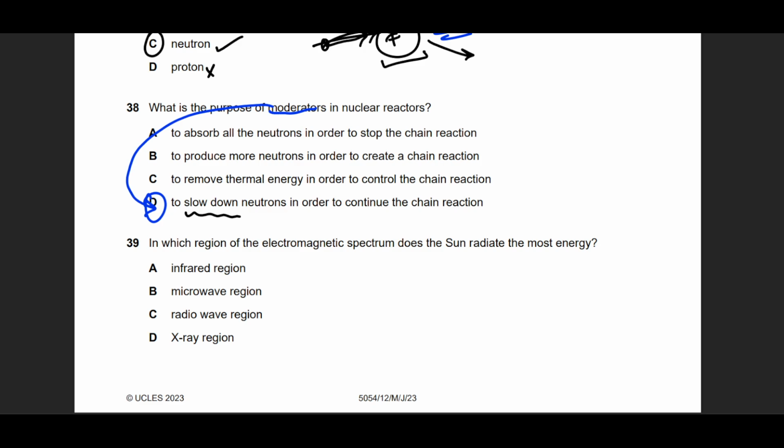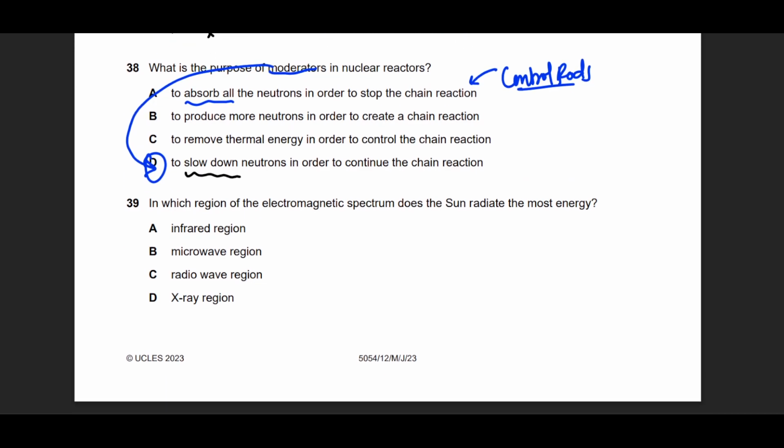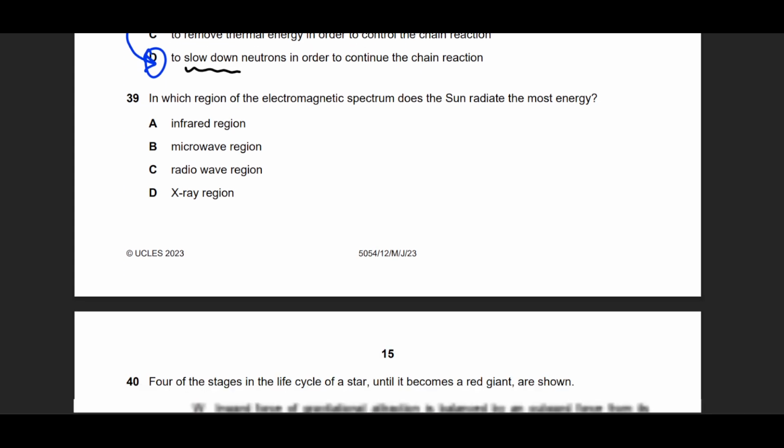But there is one more thing that actually absorbs these neutrons to stop the reaction, and they are called the control rods. Control rods are responsible for absorbing them entirely. They will be absorbed, and this is how nuclear power plants are actually stopped. Or, of course, in an emergency situation, they use control rods to stop the reaction entirely, because otherwise it will become a nuclear explosion like Chernobyl.